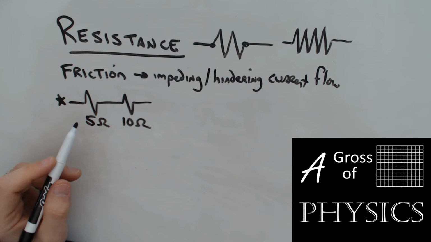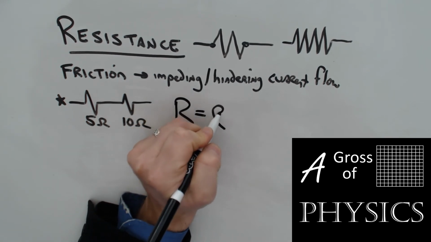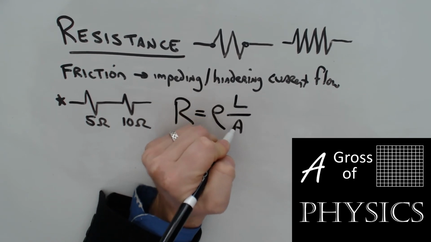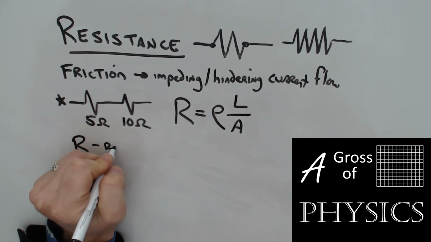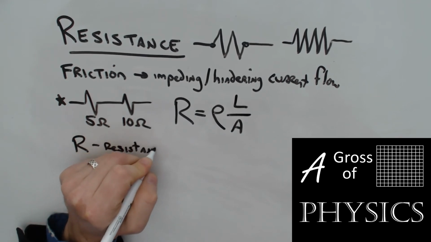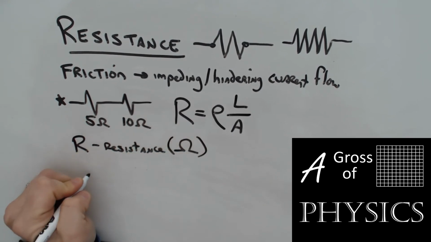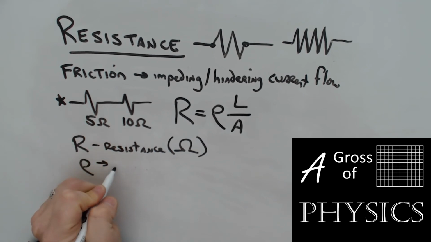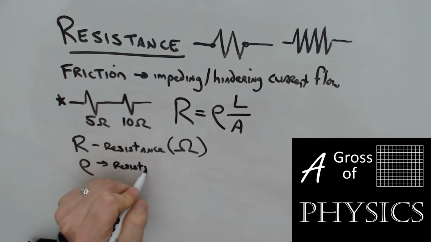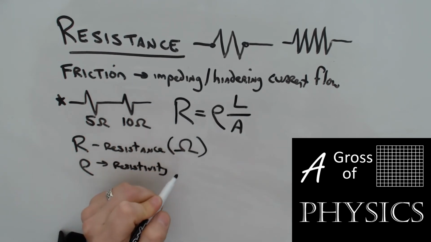Now we do have an equation for resistance, and I like to call it PLA because it looks like it spells PLA. R is resistance, and the unit is the omega. Rho, in this case, that's not a P, it's a rho, is resistivity, and it is a measure of ohm meters.